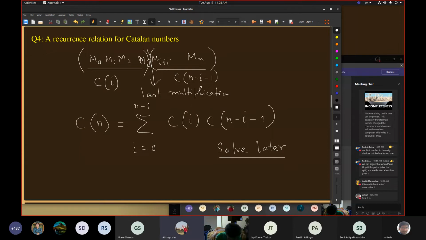Then I have to fully parenthesize this and this, and then I will vary i from 0 to n minus 1. So what is the question exactly? I think he has missed the point that the sum varies from 0 to n minus 1. So the middle point can shift from 0 to n minus 1. This is one particular case.